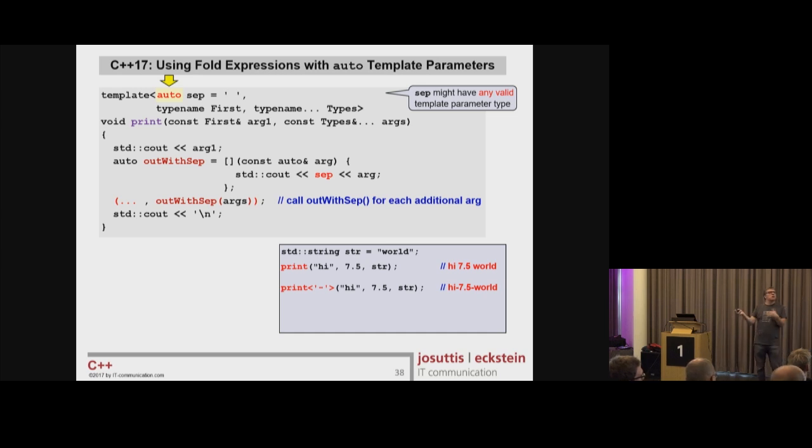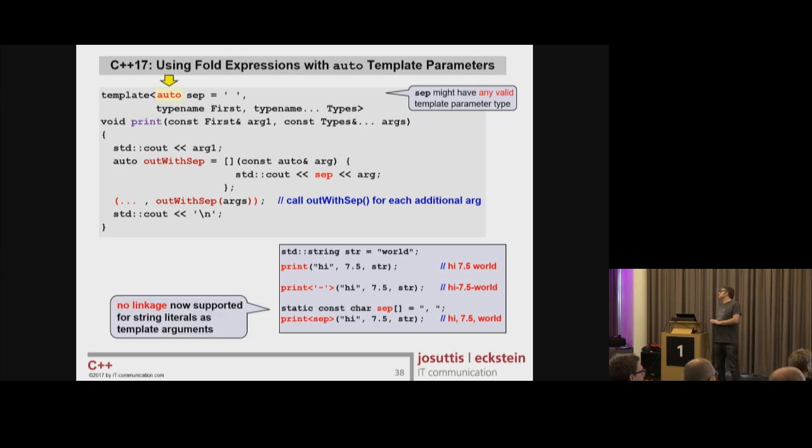So between each argument there would be written 42, which might not be very useful here. But we have another feature, which is you can now have local strings defined with no linkage and pass them directly to a template. And that way, you can say, let's print all the arguments with even a string literal in between. And that works now.